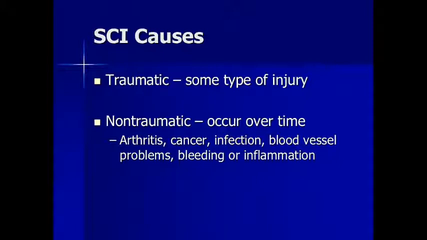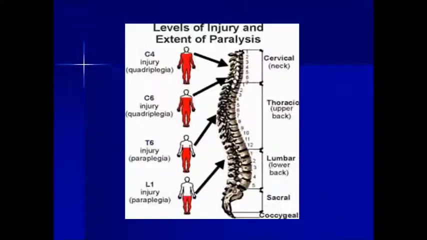Blood vessel problems are another reason, and bleeding or inflammation can put pressure on the spinal cord, and so those are your non-traumatic reasons. Generally we just have to make sure that we know that non-traumatic reasons occur over time, whereas traumatic are sudden.